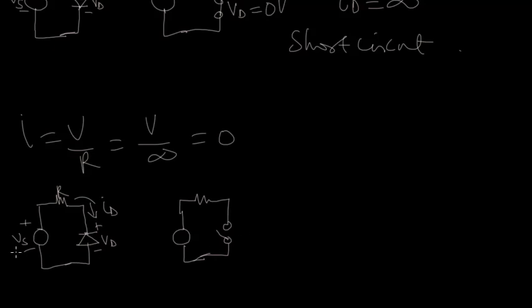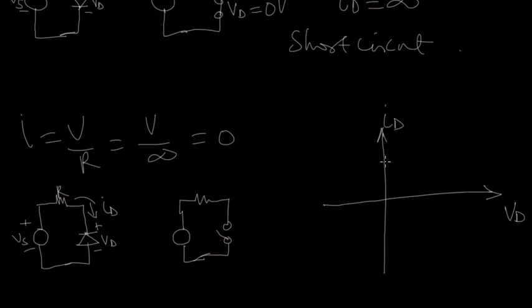Now, let us look at the IV characteristics of the diode. For the ideal diode in the forward direction, we said that the current is infinite and the diode is on, but in the reverse direction, the current is zero and the diode is off. Let's plot the IV characteristics of the ideal diode.